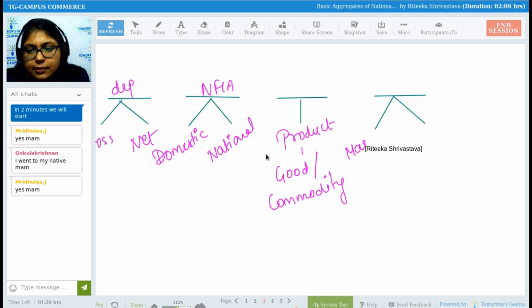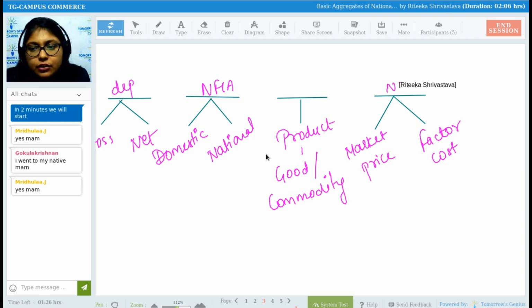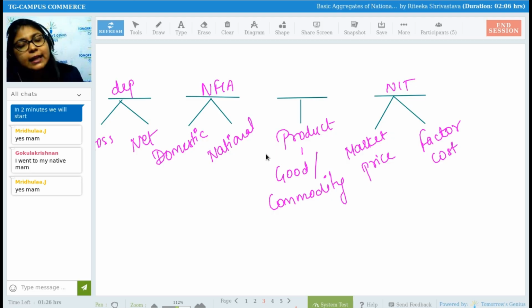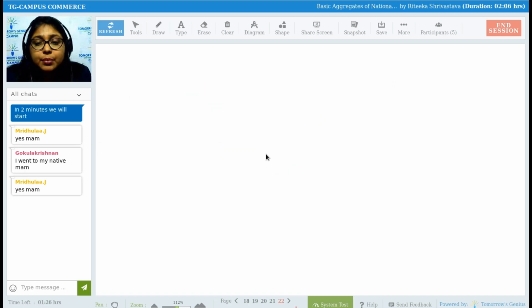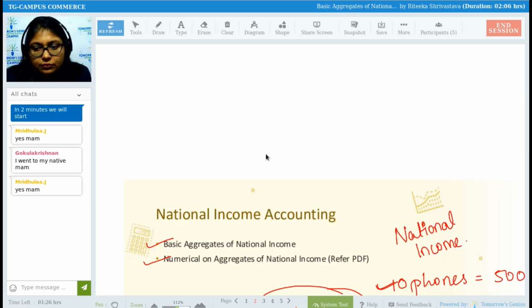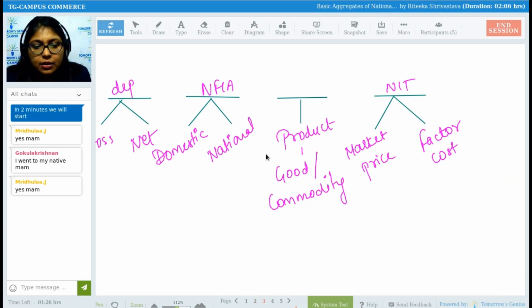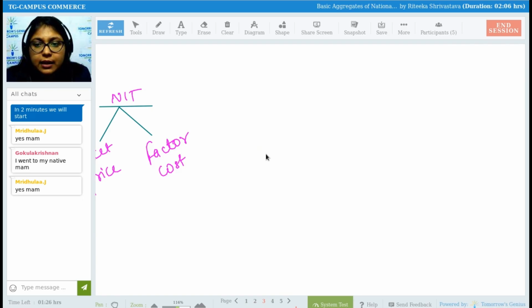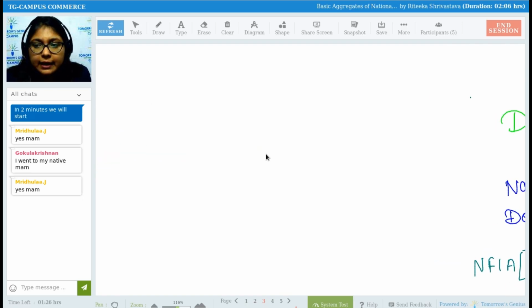And last comes market price and factor cost, which has a relationship with NIT. NIT is nothing but net indirect tax, which again we have understood in a very thorough manner in our previous class. Fine. So now let us move towards our last term, that is NIT.